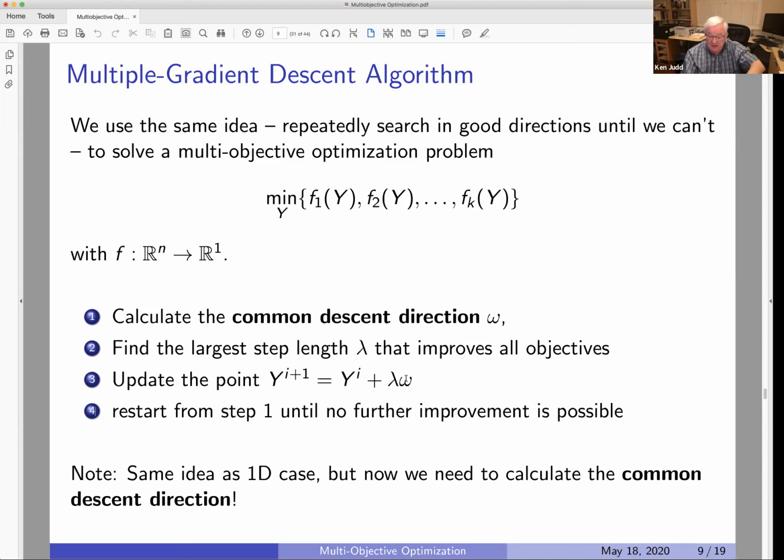Once we hit some lambda such that one of the objectives is no longer falling, then we stop, and that's our new point. From there, we compute a new steepest descent direction and then continue. This is the same as the 1D case, but now we need to calculate a common descent direction.